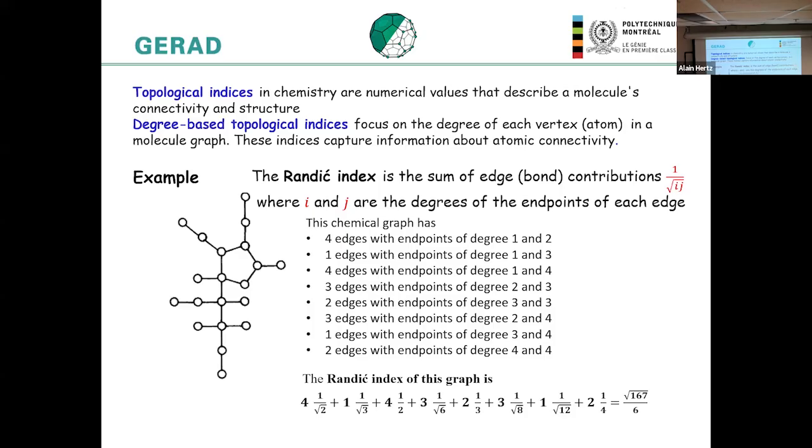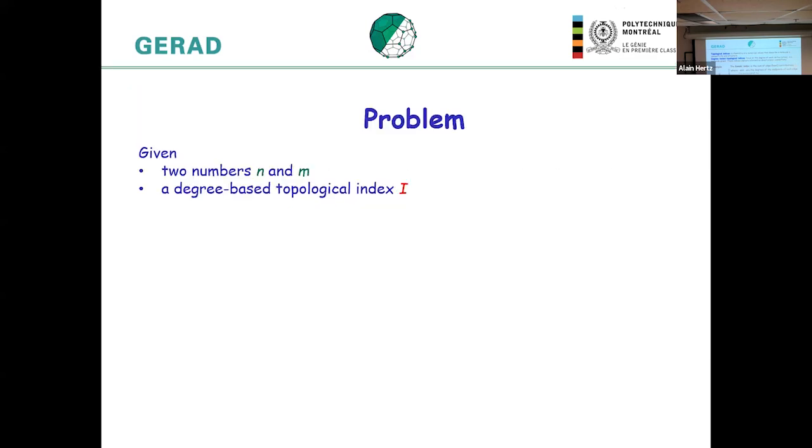So again, there are many different indices that exist in the literature. So the problem that chemists have: they say, I give you N, which is the number of atoms. I give you M, which is the number of bonds.